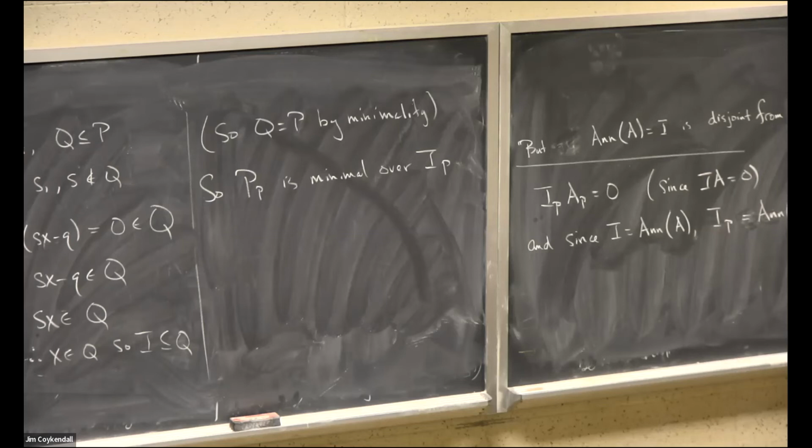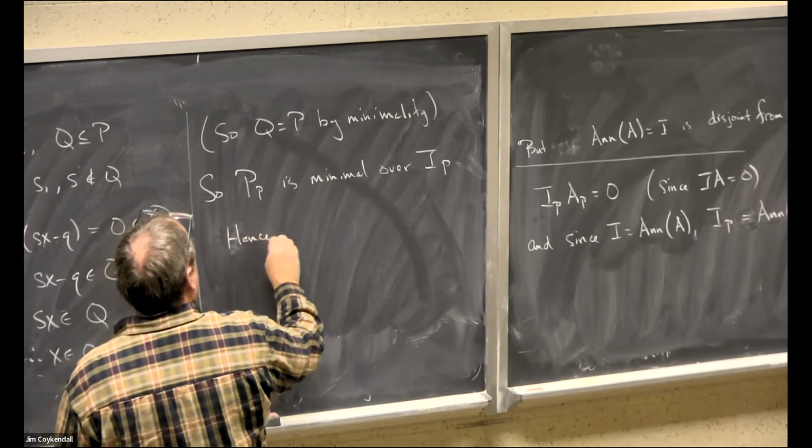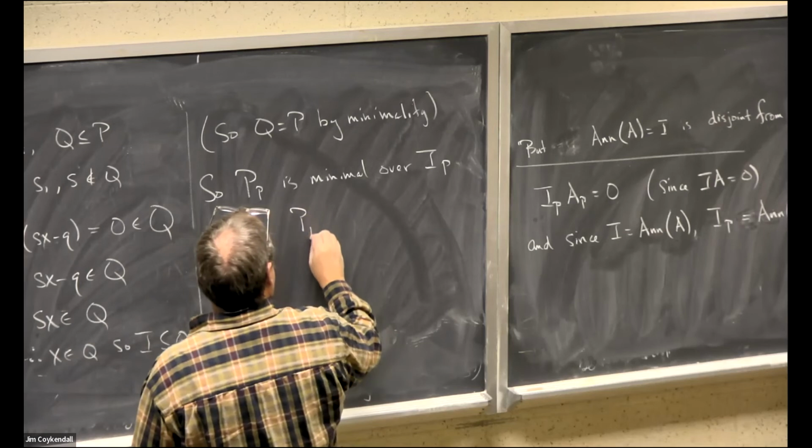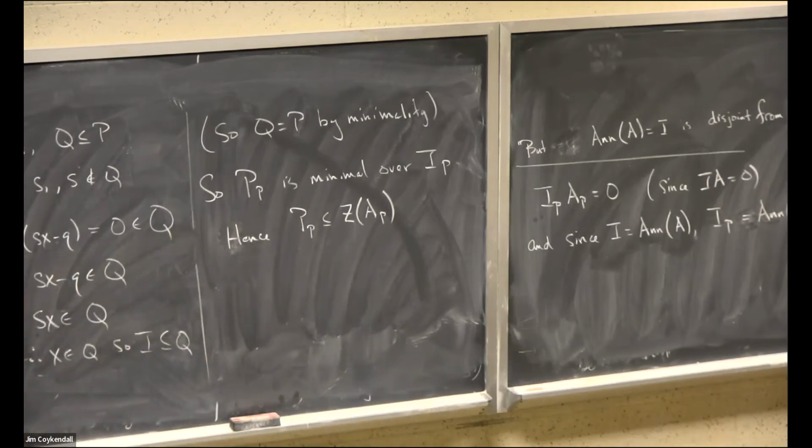So in particular, P localized at P is contained in the zero divisors on AP.